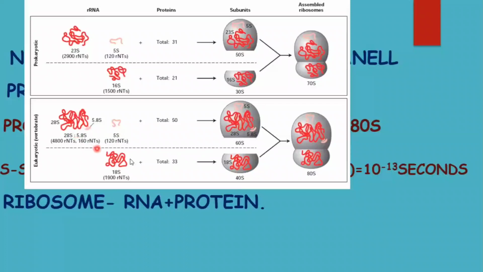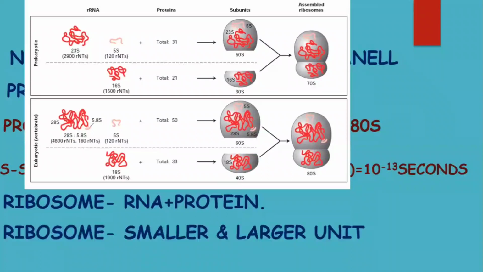So they get assembled into smaller and larger units, which join at the time of protein synthesis into a ribosomal unit. The smaller and larger units join with the help of magnesium at the time of protein formation.